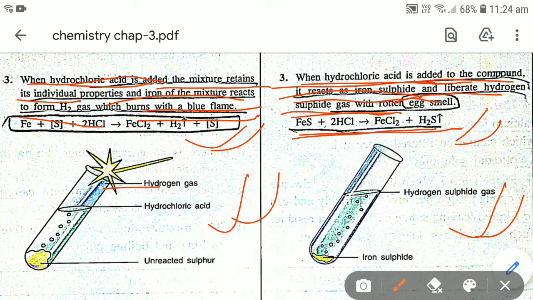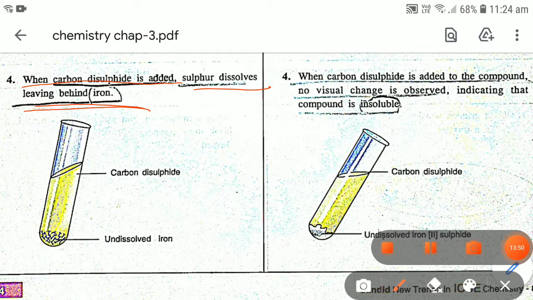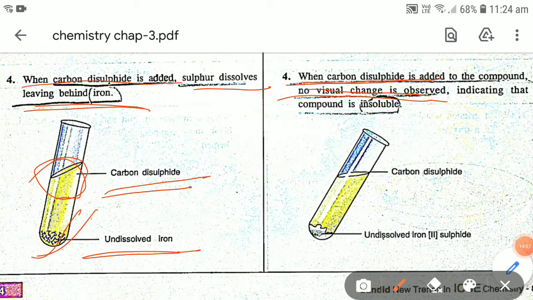So when carbon disulfide is added to the mixture, sulfur dissolves, leaving behind iron. See, this yellow colored liquid is the carbon disulfide, whereas these are the undissolved iron filings. And in the compound, when carbon disulfide is added, no visual change is observed, indicating the compound is insoluble.